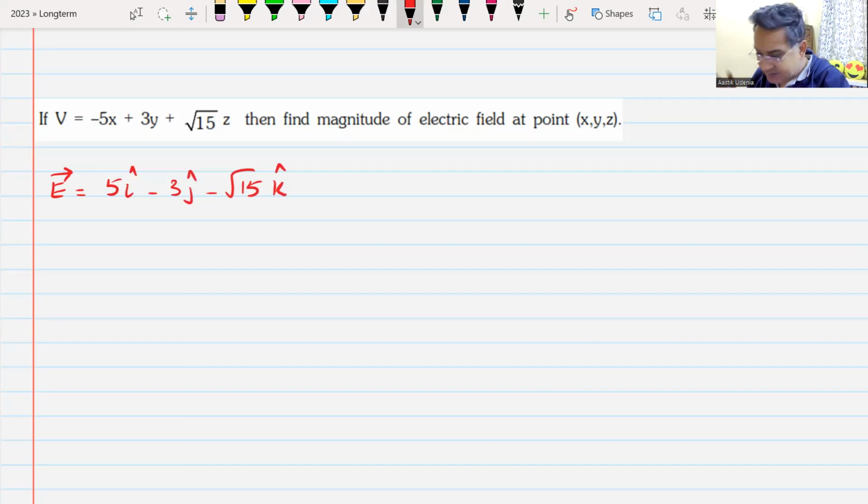Yes, sir. Then you have to find out the magnitude of this thing. It will be root over 5 square 25 plus 3 square 9 plus root 15 square 15, root 49. Root 49 is 7. Do you understand this?